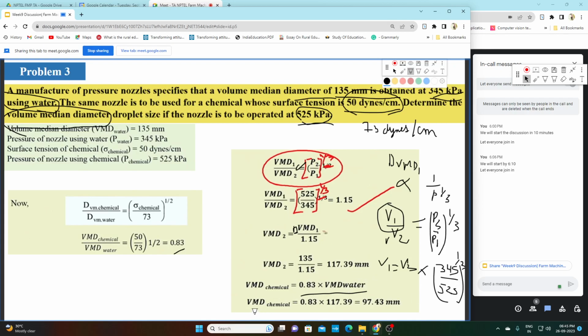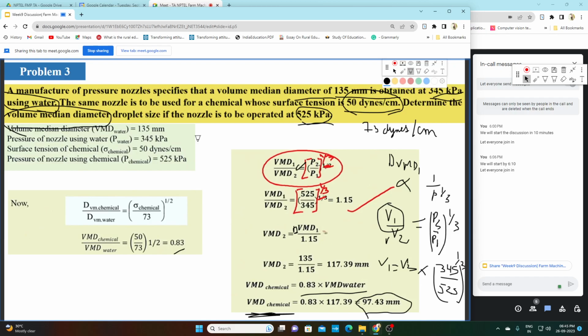So the volume median diameter of the chemical will come as 0.83 into 135 millimeter into 345 divided by 525 to the power 1 by 3, that is 97.43 millimeter.